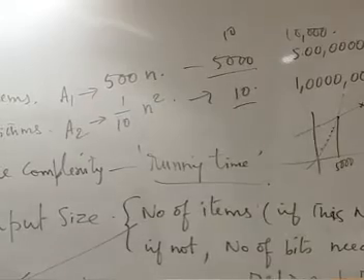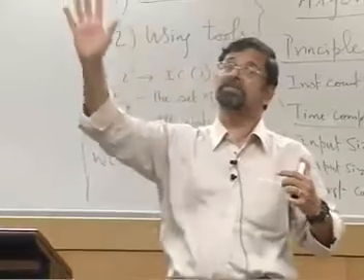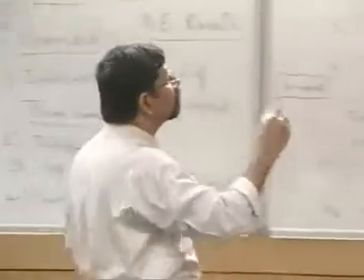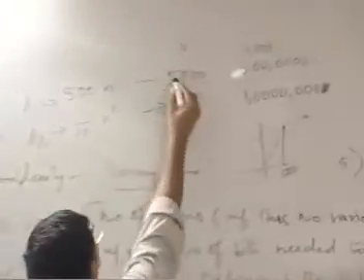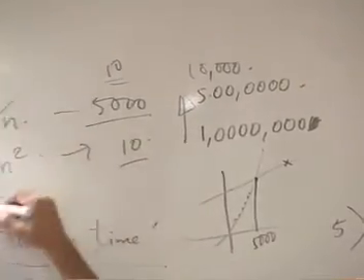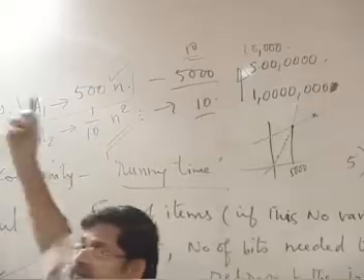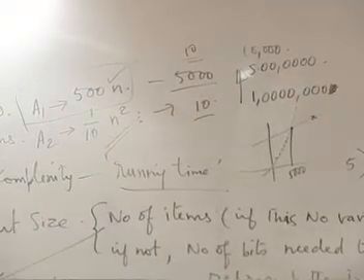From this, can I make an assessment that this is going to be better eventually than this? Hence, for sufficiently large input, though initially this appears to be a very inefficient one, eventually this outperforms this one, so I would like to choose this with my future in mind. Okay?